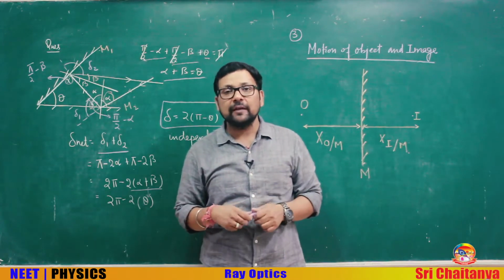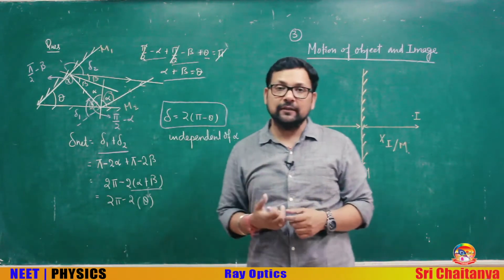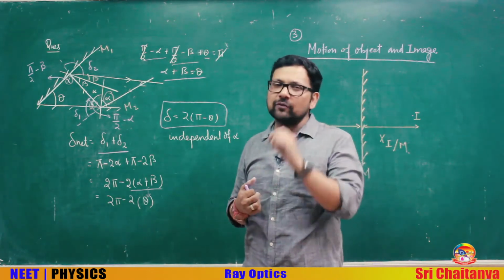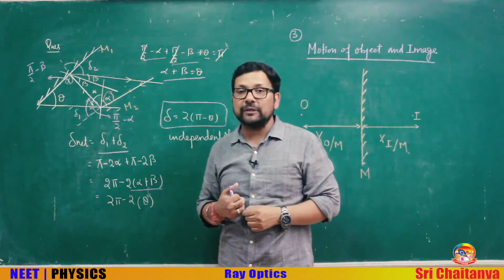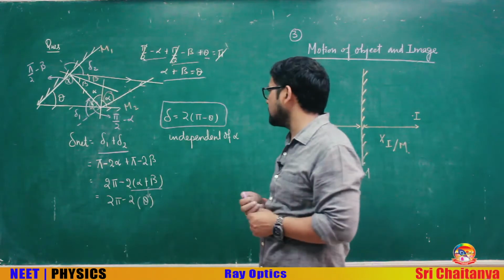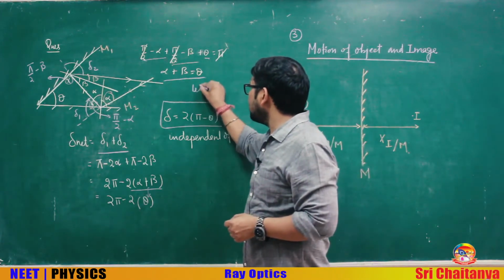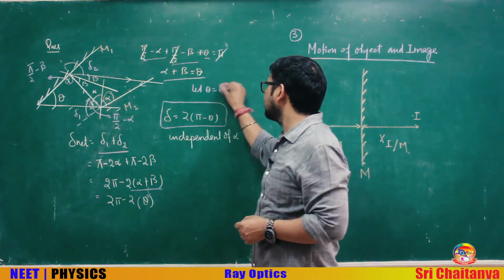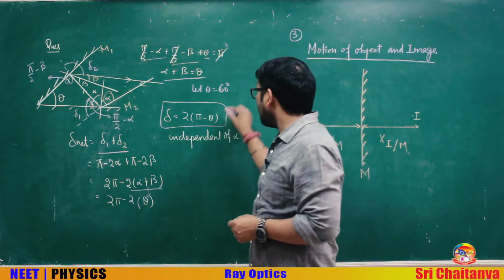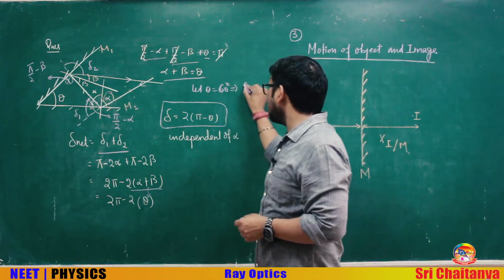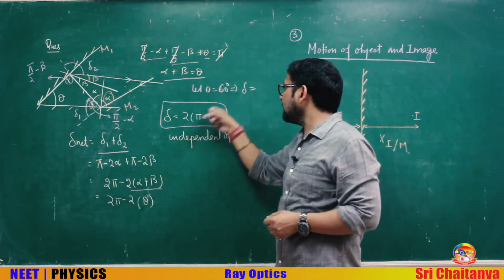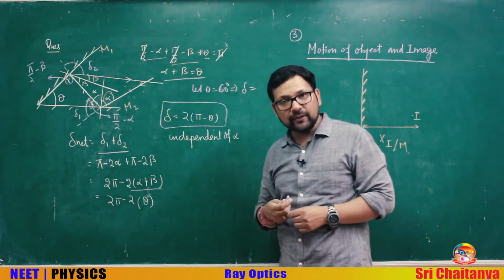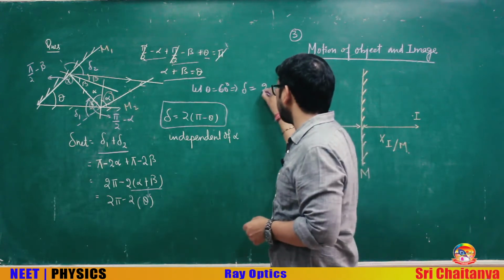One more thing, in numericals, in a question, you might get a little confused. What is the confusion? Let's say the angle theta in the question was given as 60 degrees. According to this, what delta can we calculate? 180 minus 60 is 120, twice is 240, so this is 240.